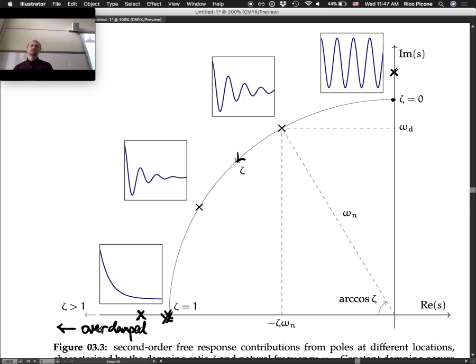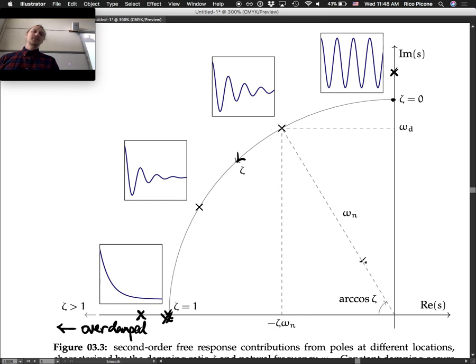Now, this arc that we're following is a constant natural frequency arc. A constant natural frequency arc is a circle about the origin.